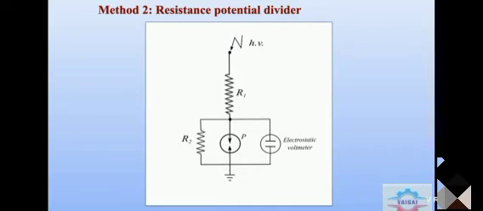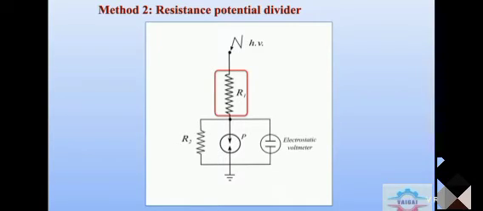In this method we are eliminating the drawbacks of the series resistance micrometer, that is, the temperature dependence and voltage variation. The figure shows the resistance potential divider, in which an electrostatic or high impedance voltmeter is employed. The influence of temperature and voltage on the elements is eliminated in the voltage divider arrangement.